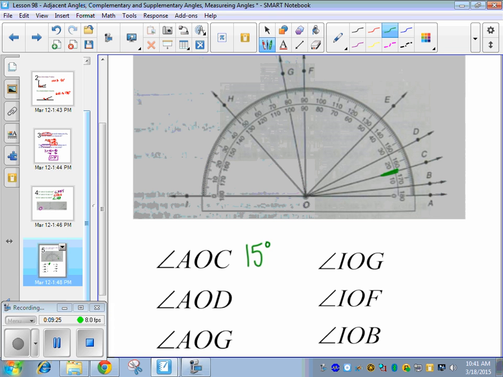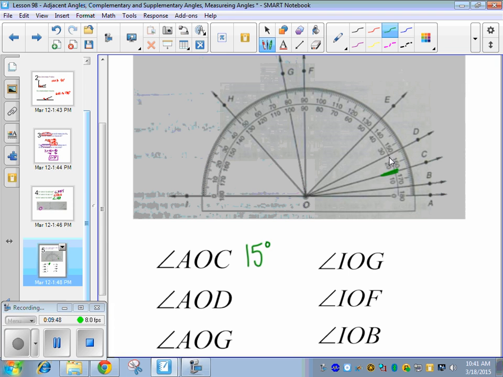How about AOD in this back row here? I need a few in the back. No volunteers. Okay, Aaron, go ahead. AOD. Right there. Good. So tell us what angle this is.